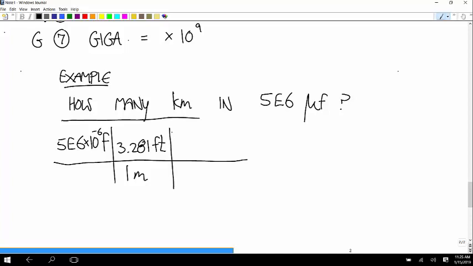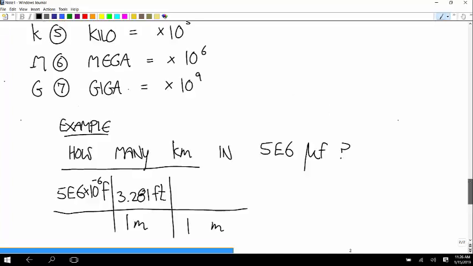Because micro means times 10 to the minus 6, we know that 1 micrometer, no, we don't want micro. Sorry, we want kilo now for meters. Kilo means times 10 to the third, right? That's what it says up in this table.